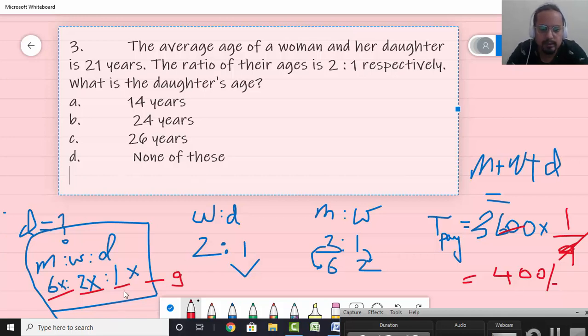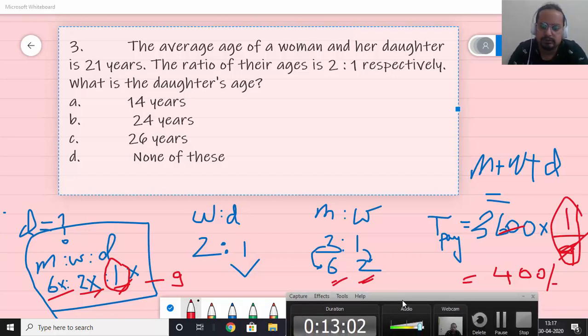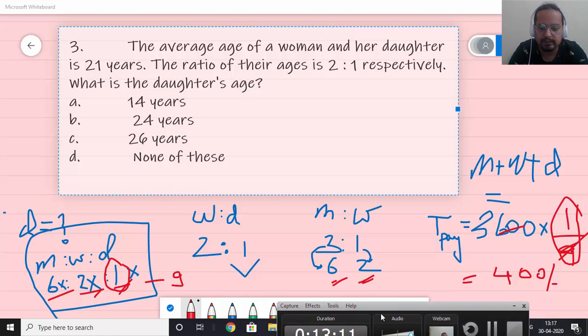The daughter does 1 unit of work, women does 2, and in the same time man does 6. So the total is 9, out of which daughter is doing 1. So 1/9 is the share of payment that will be made to the daughter. So a question which combined the basic fundamentals of time and work, wages, and ratios. I hope this one is clear.